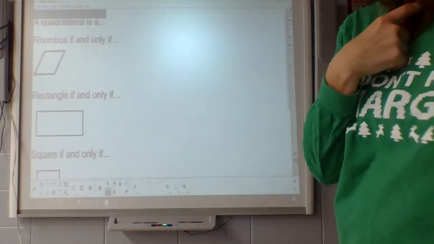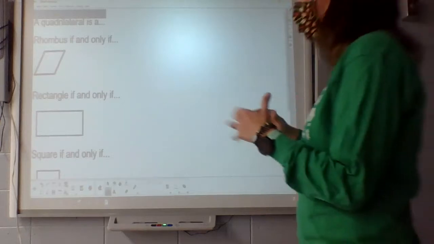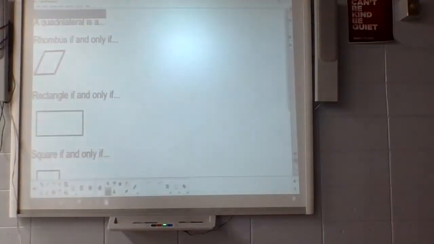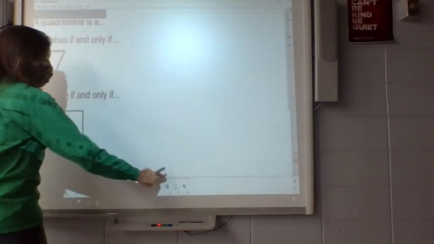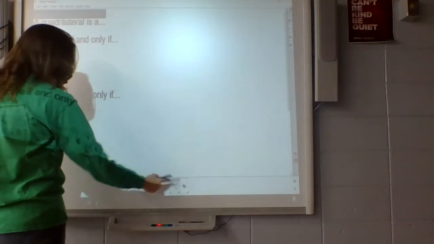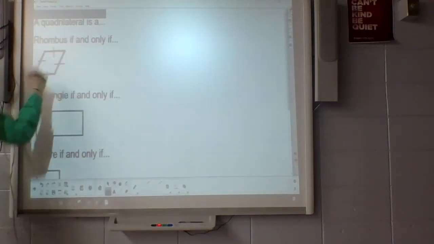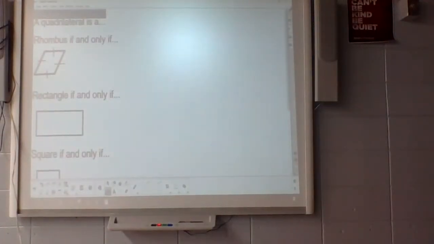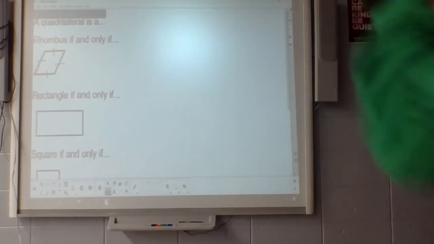The opposite sides are equal, but actually all the sides are equal in a rhombus. So a rhombus is kind of like a crooked square. You might have heard it called a diamond as well. A rhombus becomes a rhombus if all four sides are equal. So a quadrilateral becomes a rhombus if it has four congruent sides.